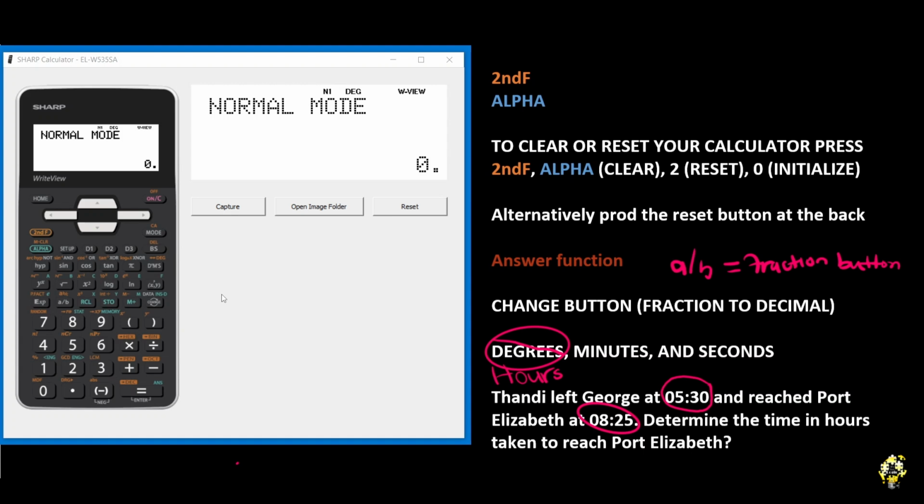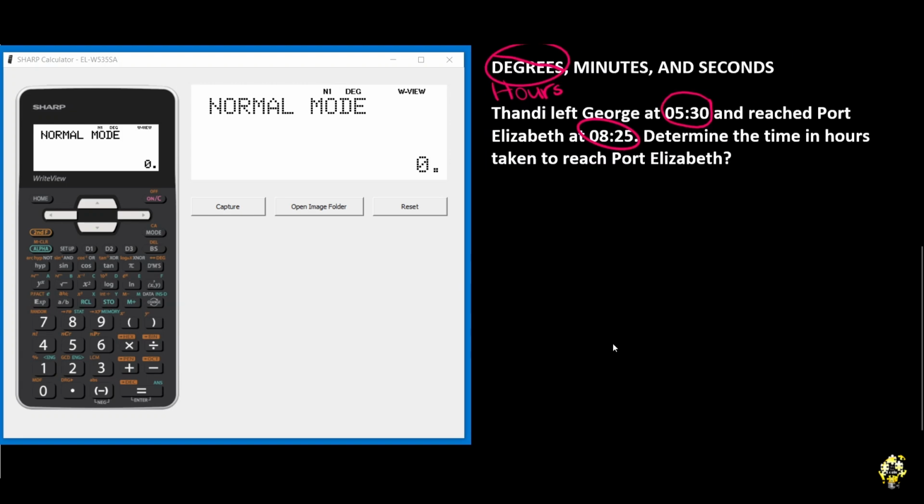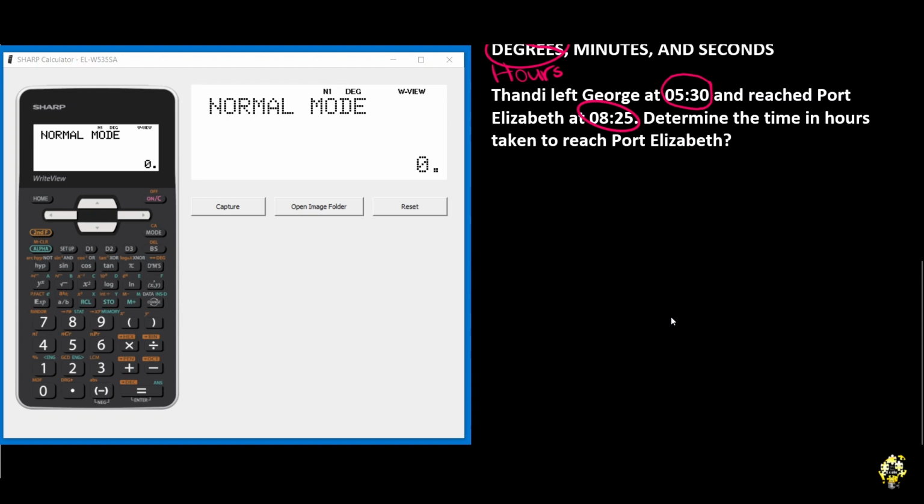You can do that on your calculator. Let me go down on my screen so I have some working space. Let's say you wanted to subtract 08:25 minus 05:30.